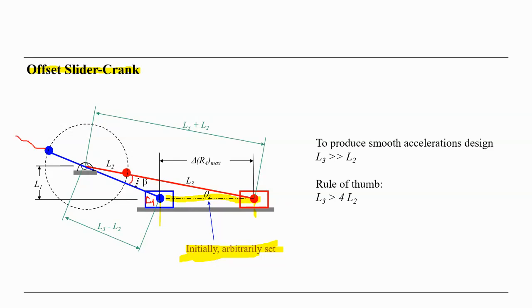We know this angle here because we can calculate the imbalance angle. We also know this point. If we have C1 and C2, that means delta R max is given. We know C1 and C2.